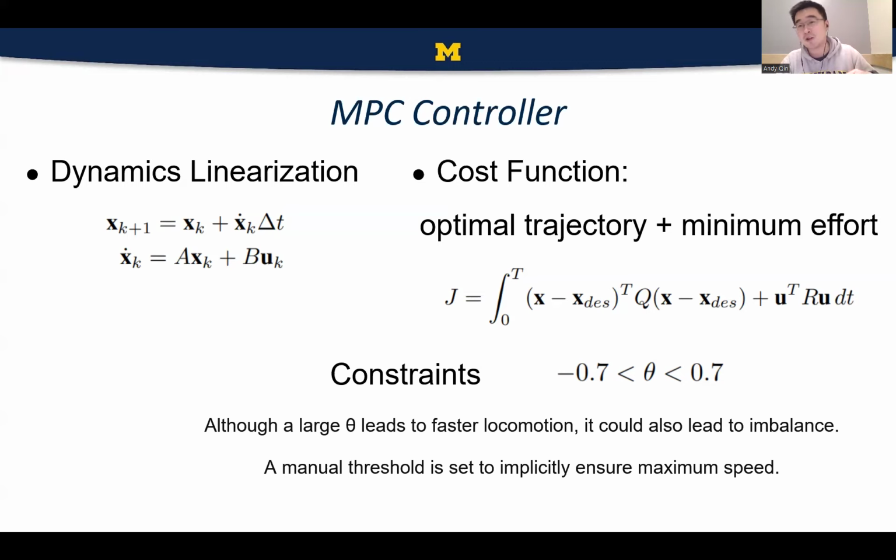Oftentimes, if you use a very large angle for this touchdown, you might not be able to recover from the imbalance for the next touchdown, and it's not good for the trajectory optimization. So the manual threshold is set to implicitly ensure the maximum speed of the hopper.